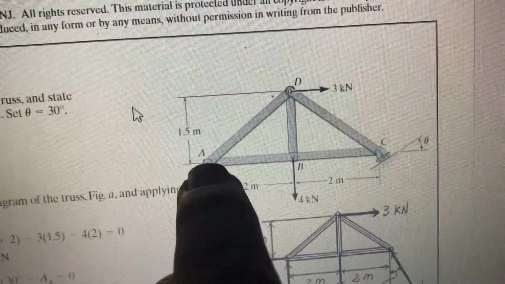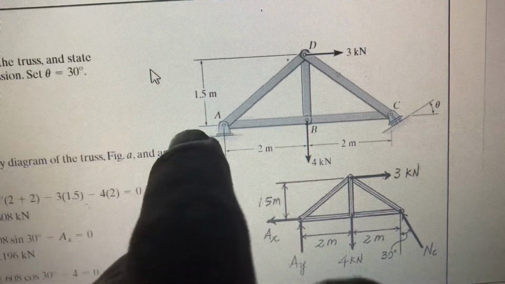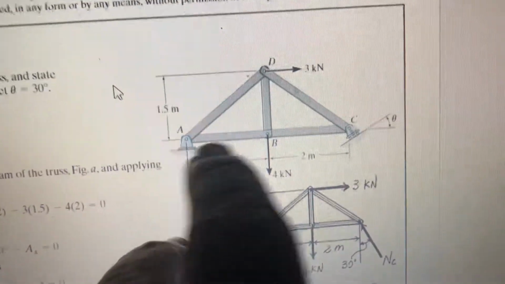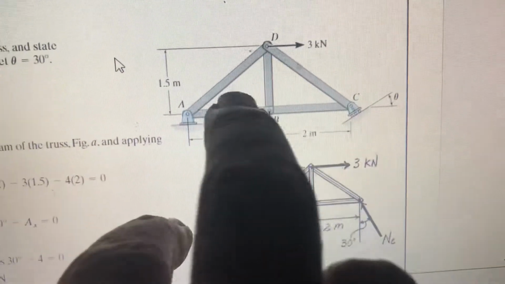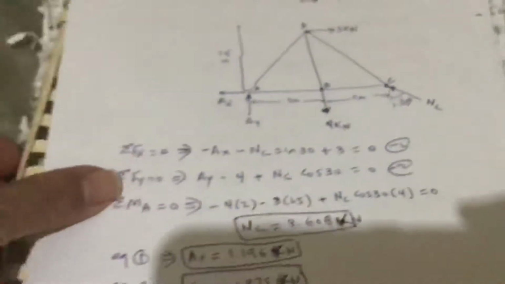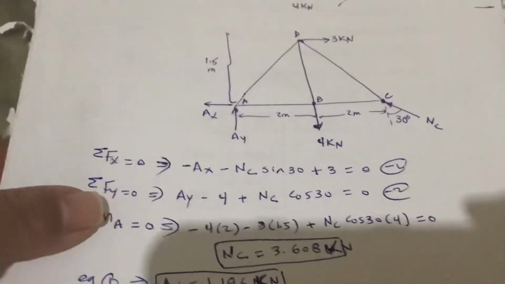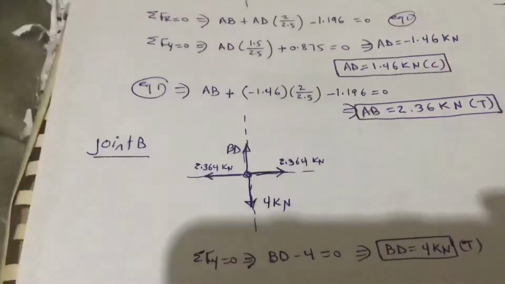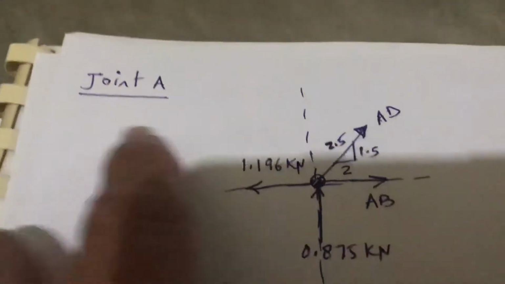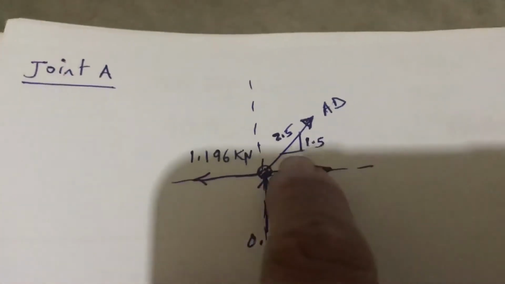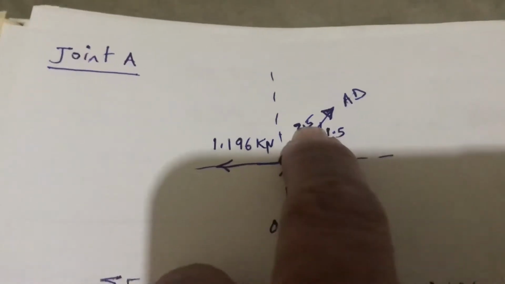Let's take joint A. Joint A, remember we have AY, AX, and we have AD, and we have AB. Remember for AD, the sides are 2, 1.5 and 2.5.